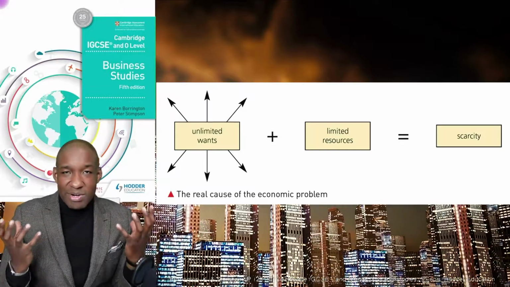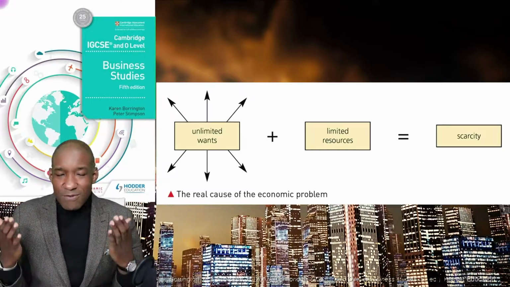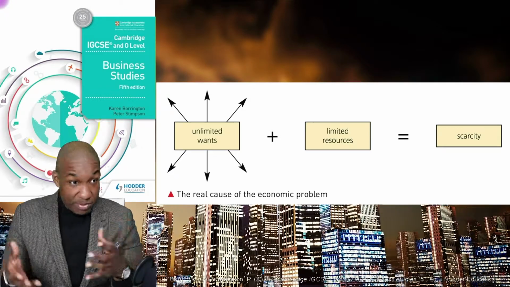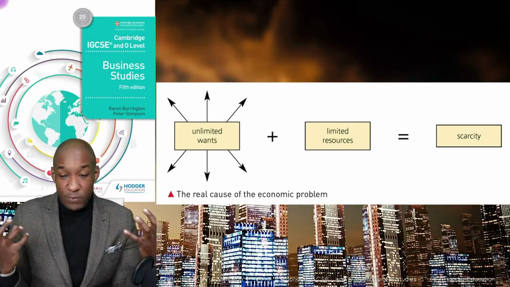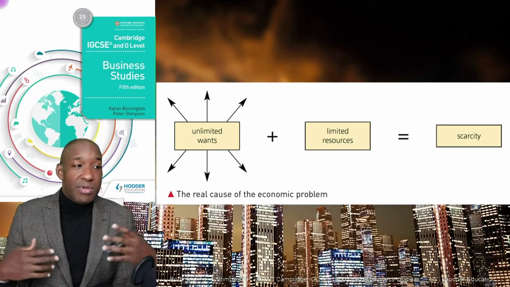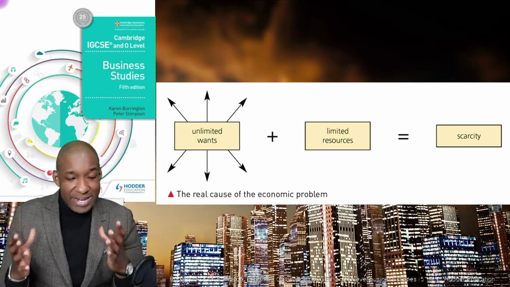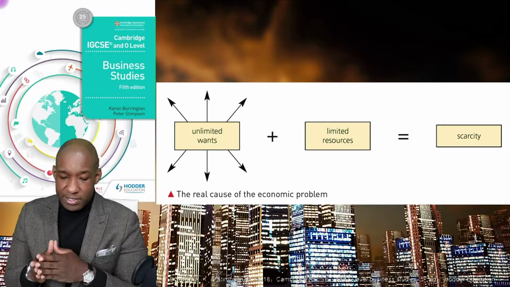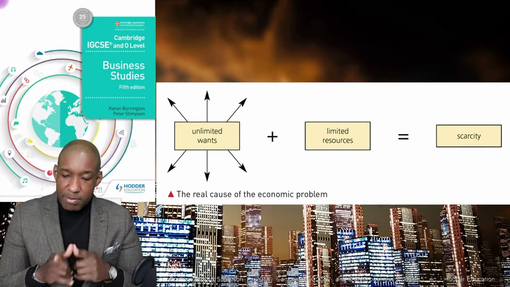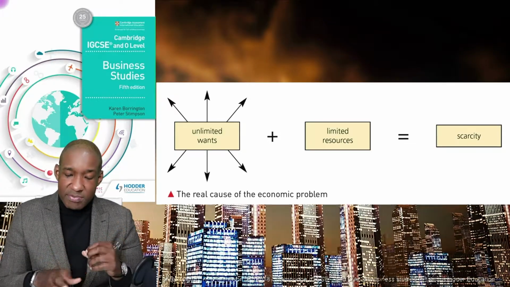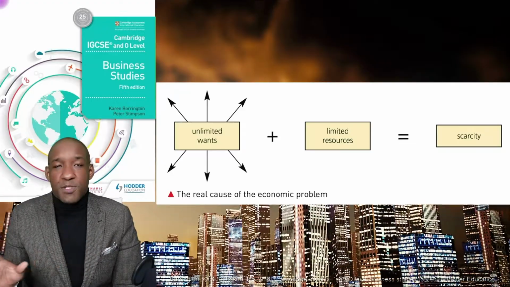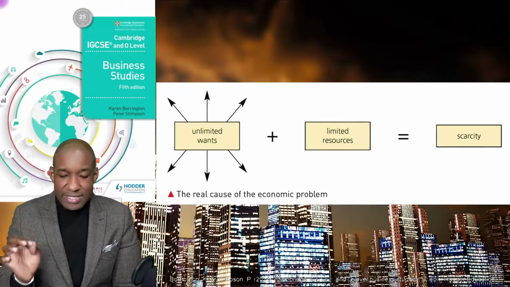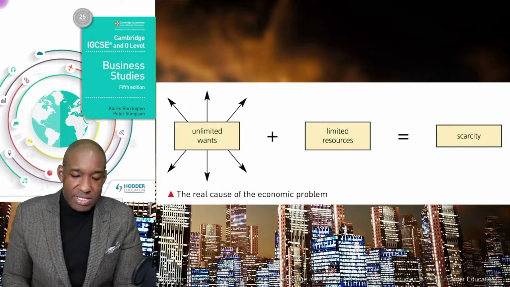Even if we all had the money to afford it, there's still not enough resources and labor to create all of those jets. There's no way everybody, even if we all somehow became multimillionaires, can get a jet. There's still going to be a problem of scarcity. There's unlimited wants, but there are limited resources. And that is not country specific, that is around the entire world.